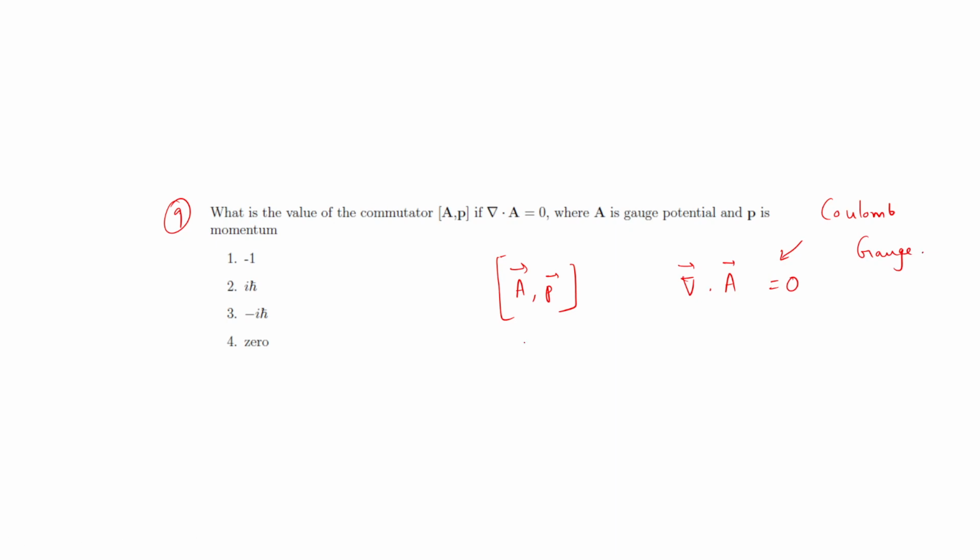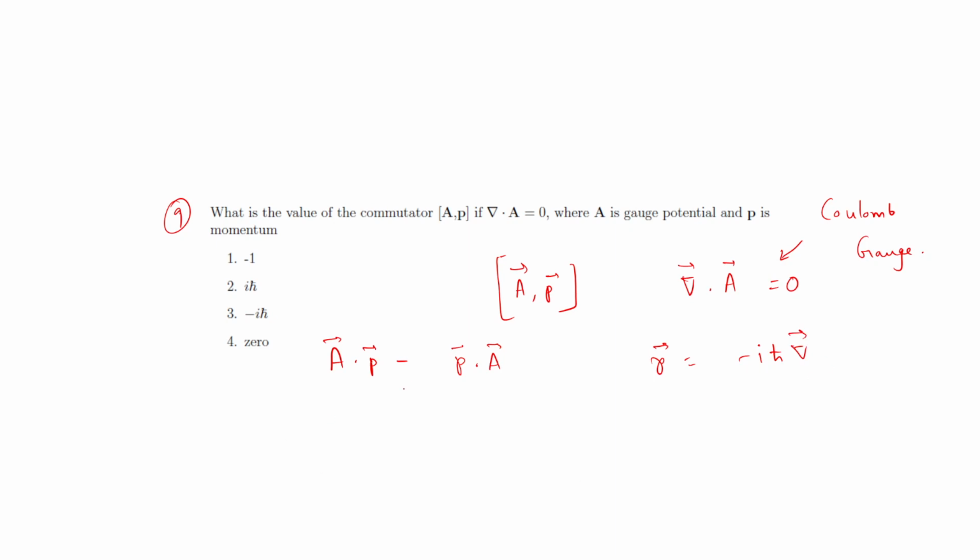So let us try to do this. What does this commutator mean? Commutator means A dot P minus P dot A. And remember that A and P are operators. P is the operator given by minus i h cross gradient.